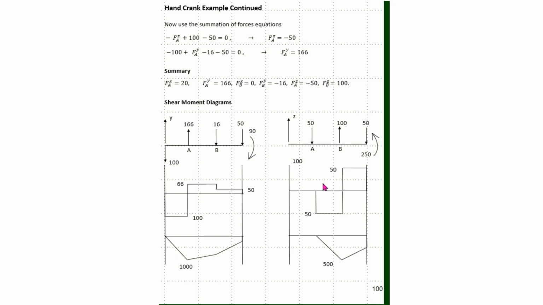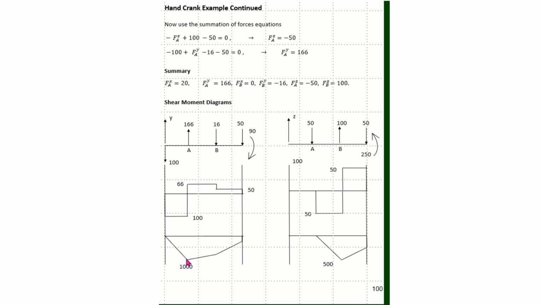So now I need to determine the location of the critical stress in the shaft, and usually this occurs where the bending moment is the largest. And here I can see that my bending moment is 1000 at this point.